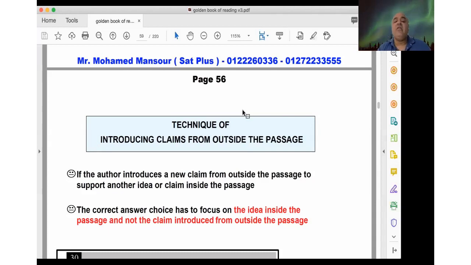We see this type of question a lot in the form of a function question. When the question says the author introduced, the author used, the author said, blah, blah, in order to. Why did the author introduce the claim of blah, blah into their passage? Anyway, to confirm again, the answer choice has to focus on the claim inside the passage.